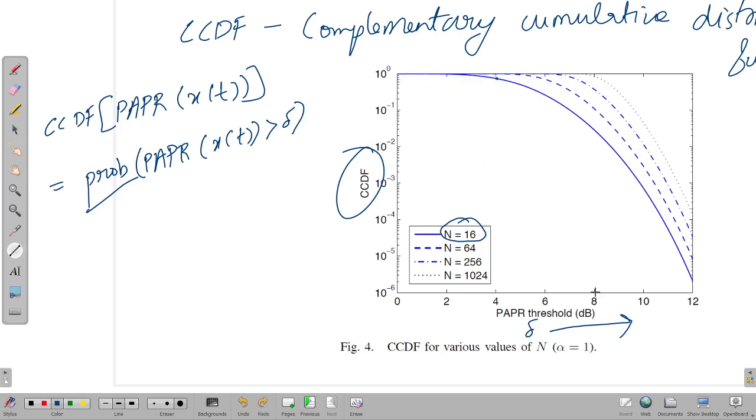For better clarity, let me take a point here, 10. The corresponding point I have here is somewhere between 10 raised to minus 3 and 10 raised to minus 4, close to 10 raised to minus 3. So the probability that PAPR will be greater than 10 is somewhere close to 10 raised to minus 3.